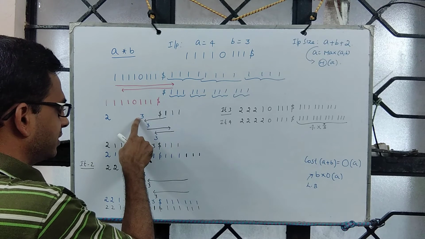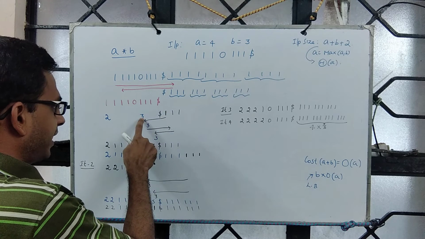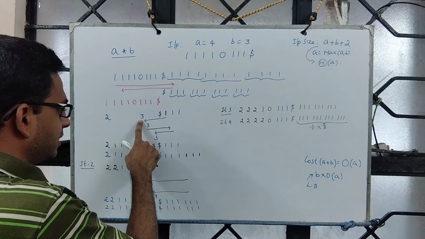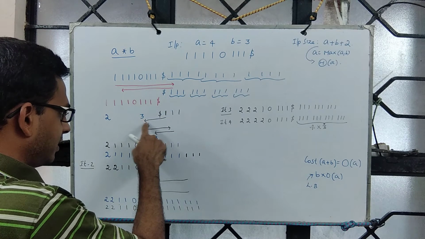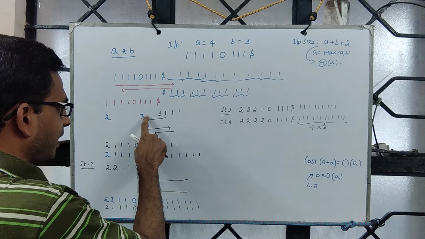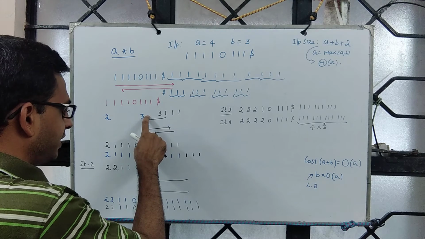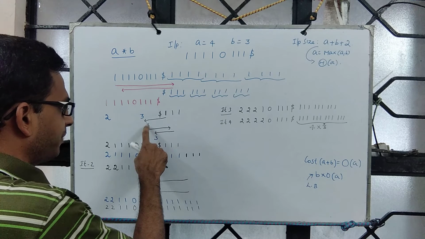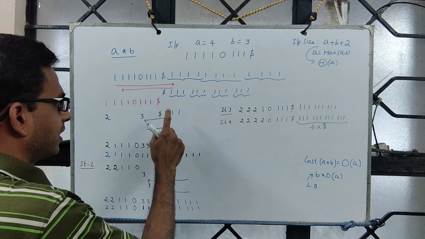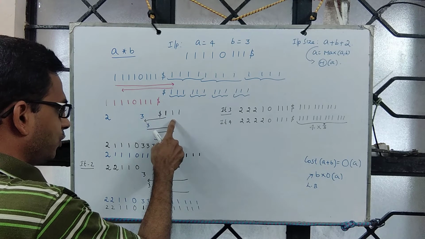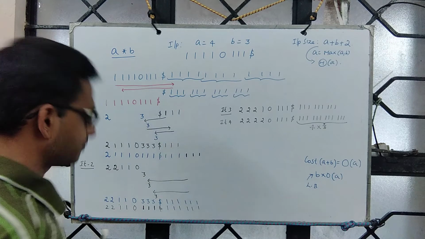So I change it to this. And when I come back, when I hit this leftmost 3, I'll change my direction. Then I'll read this one, flip it to 3, and then move right, then write one more 1, come back, and so on.